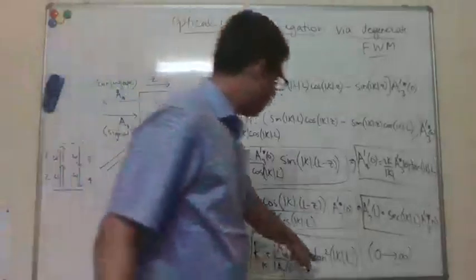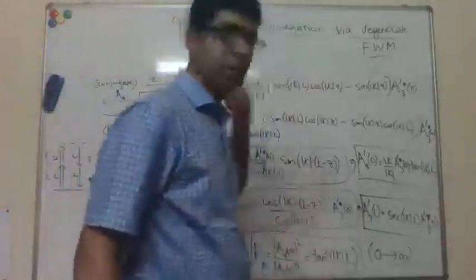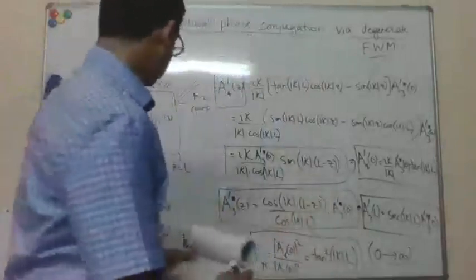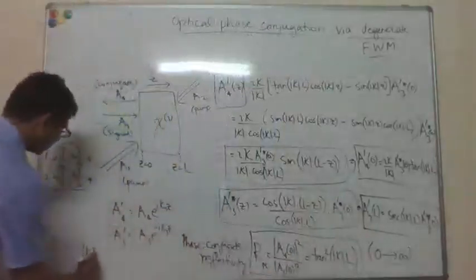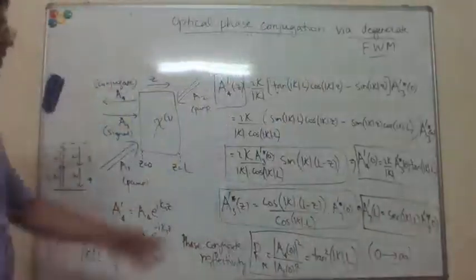And so when does this diverge? When the argument of the tan becomes pi by 2, you know tan pi by 2 is infinity, or not defined. So when the mod of kappa times L becomes pi by 2, that's when the reflectivity diverges.